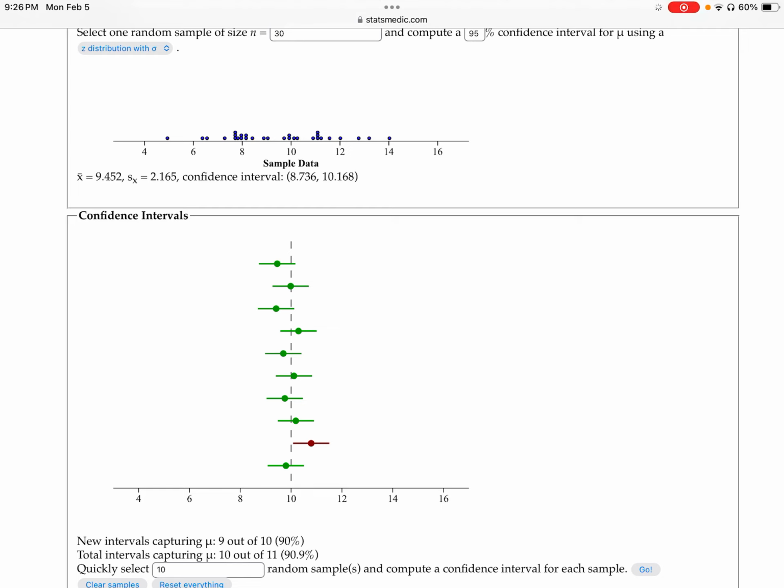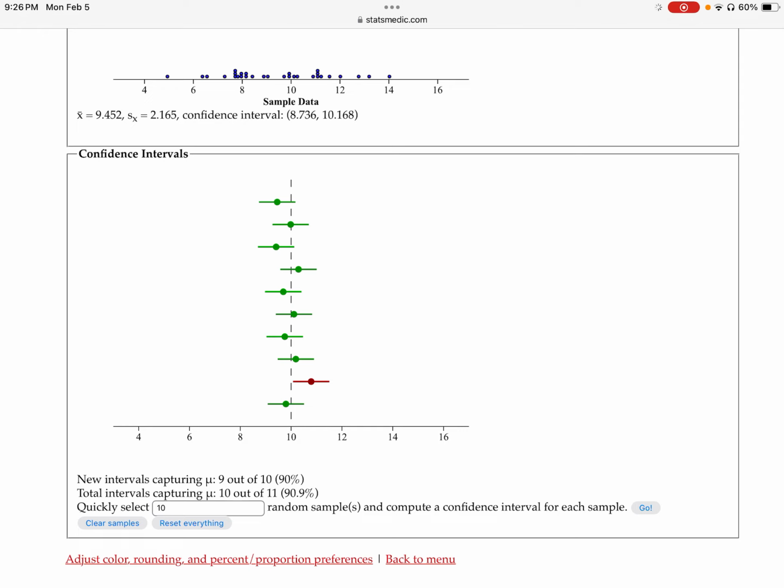Okay, if the interval is green, that means the dotted line passes through it, which means the true parameter of 10 is captured by the interval. So there is one red interval. It was a sample of 10 that produced an interval that did not capture the parameter. It did not capture mu.